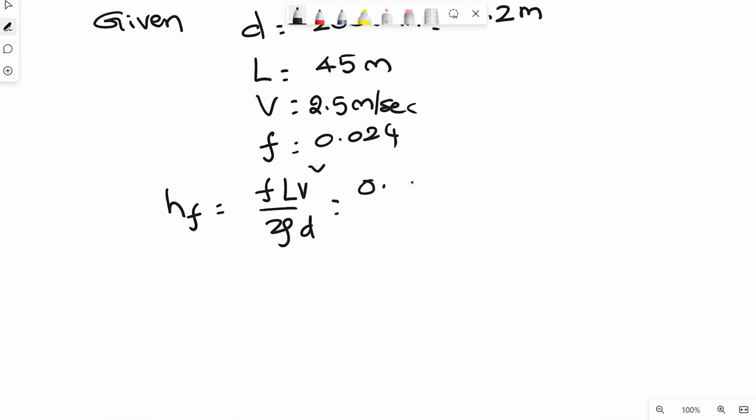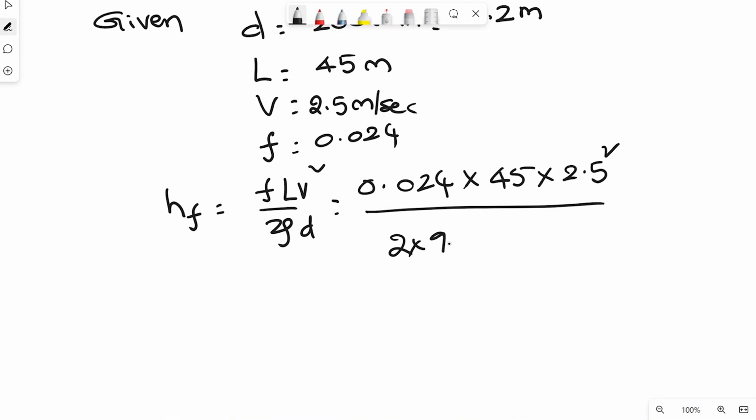F is 0.024, L is 45, V is 2.5 squared, divided by 2 into 9.81 into diameter 0.2. That gives you the solution of 1.72 meters. That is the head loss due to friction. Let me take another problem.